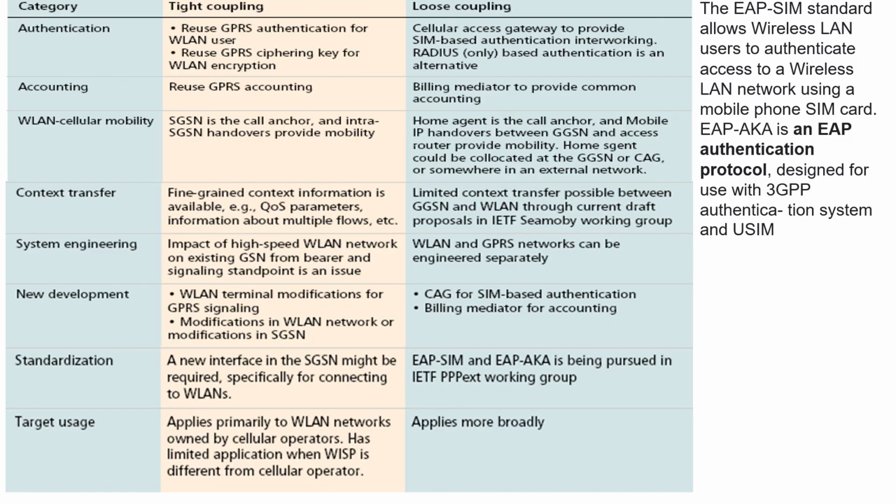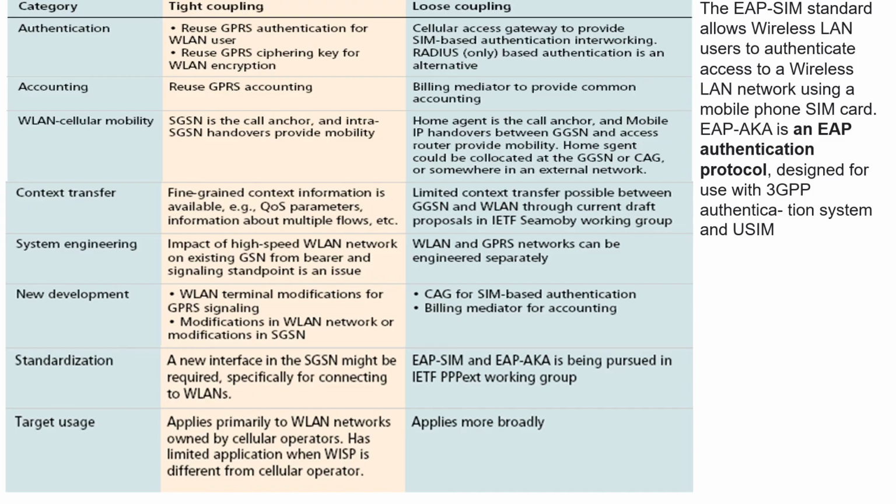And for standardization, a new interface alone is required, so not a major change. Whereas in the loosely coupled case, you have to incorporate the features of authentication and other authorization.